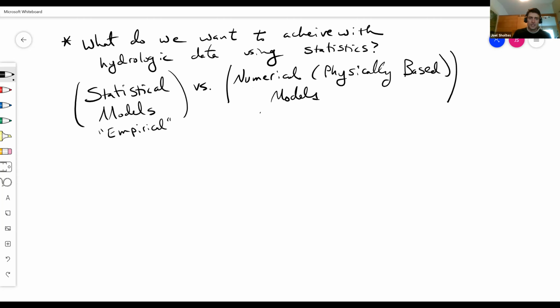And these numerical models might be semi-empirical, meaning they have some data in there. Some real world data has been used to parameterize these models, or they could be totally theoretical. That's the kind of crazy St. Venant's equations that we looked at for flood wave routing. Those are totally physically based.